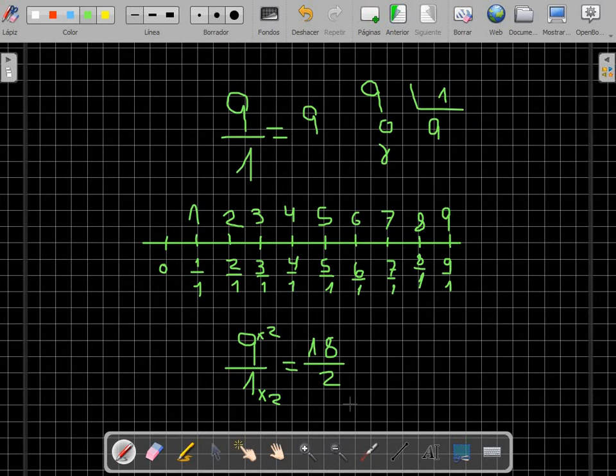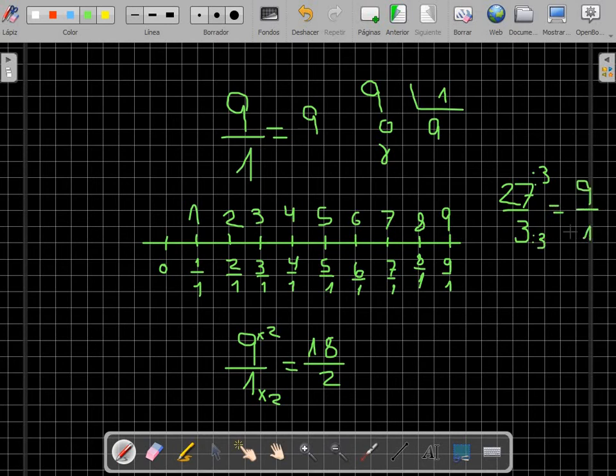So you can convert a fraction multiplying both numerator and denominator by the same number, and you won't change it after all. You can also simplify a fraction if you will. For instance, let's suppose that I have 27 thirds and I divide both numerator and denominator by the same number in order to simplify, and I'll get 9 first.